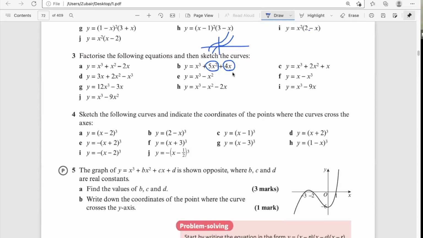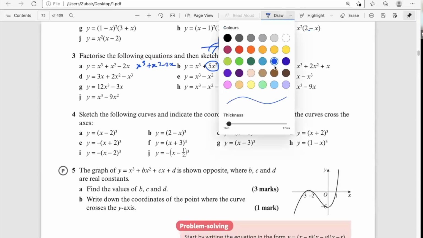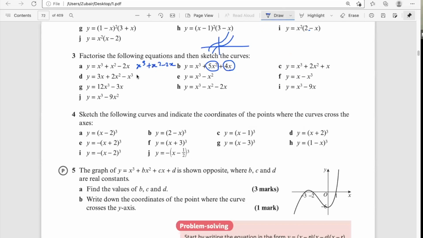One, let me do it with you. One question. This is x cube plus x square minus 2x. If I take out x as common, I'm left with x square plus x minus 2, right? So I'm factorizing it. So x into x square plus 2x minus x minus 2.